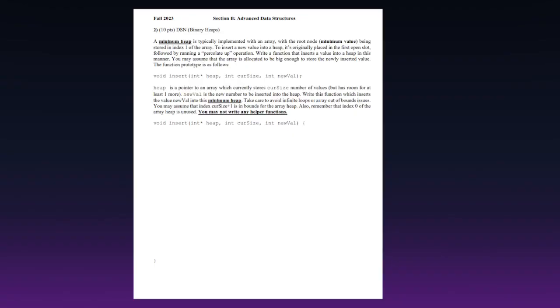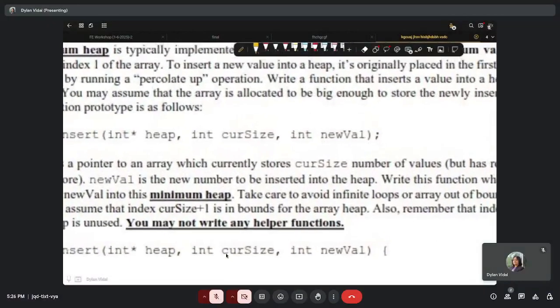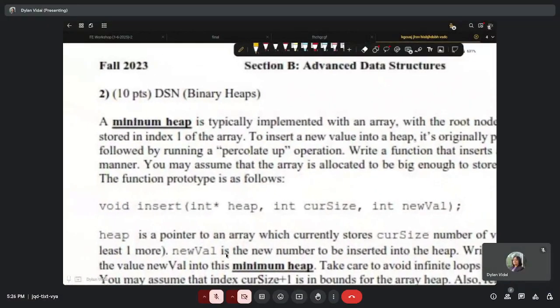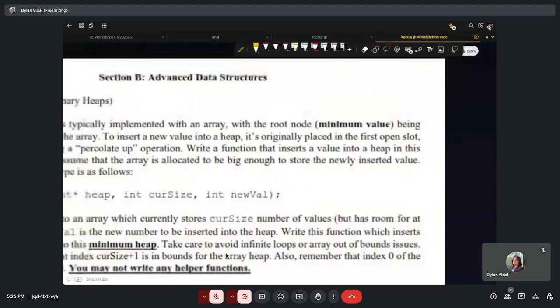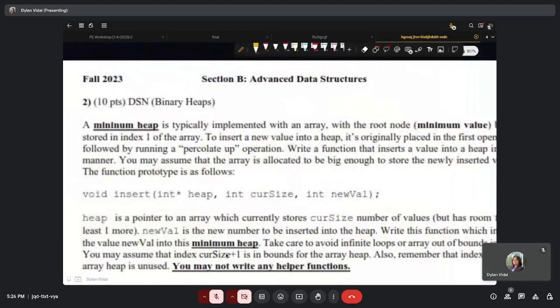Let me move over on the tablet. Okay. So let's read this. A minimum heap is typically implemented with an array, with the root node, the minimum value, being stored at index 1 of the array.